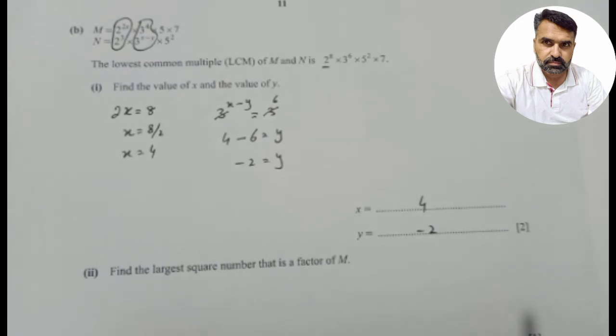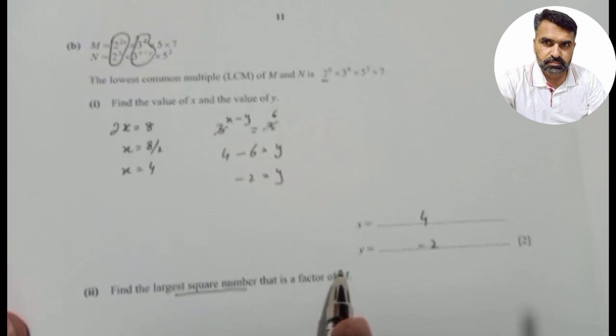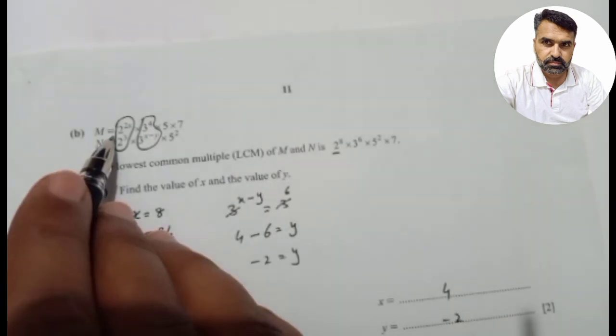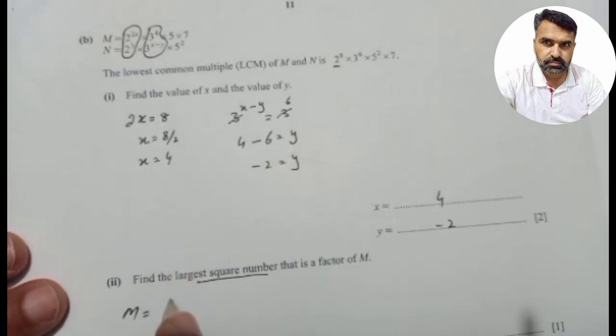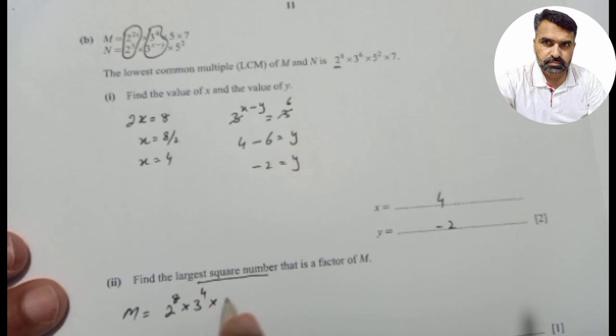Now students, look at the second part. Find the largest square number that is a multiple of m. Now students, look at the multiples of m. So for m, 2 to the power of 2x, and x is 4, so it is 2 to the power of 8 multiplied by 3 to the power of 4 multiplied by 5 multiplied by 7.